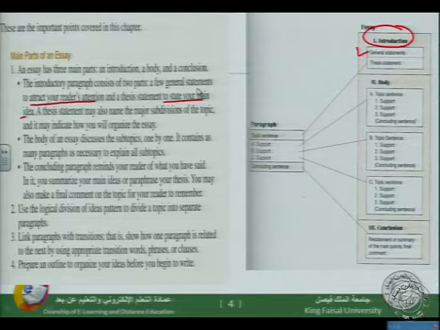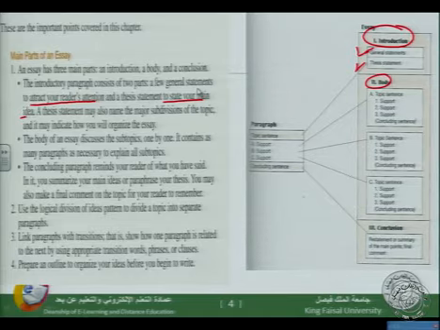Here we're going to talk about one phenomenon, like culture shock, for example. And a thesis statement is to mention your point of view.